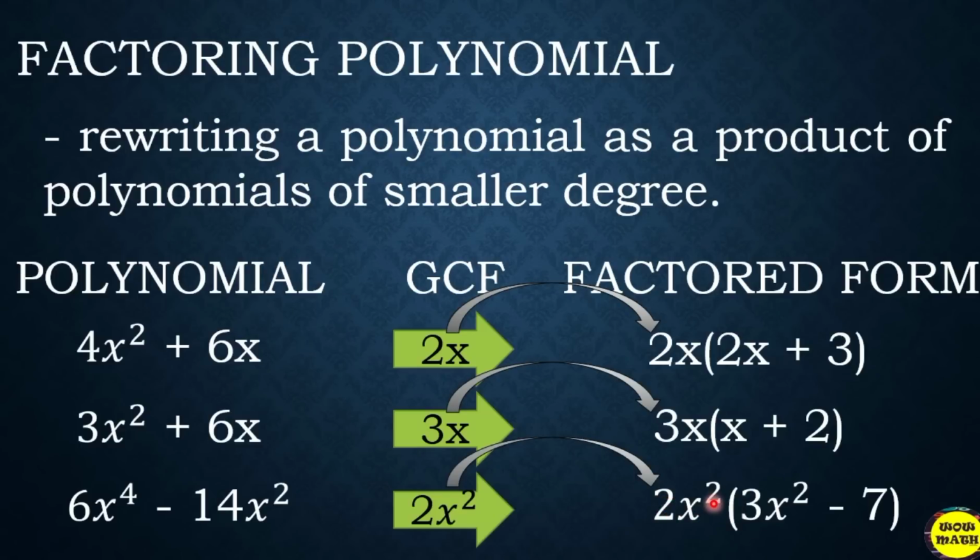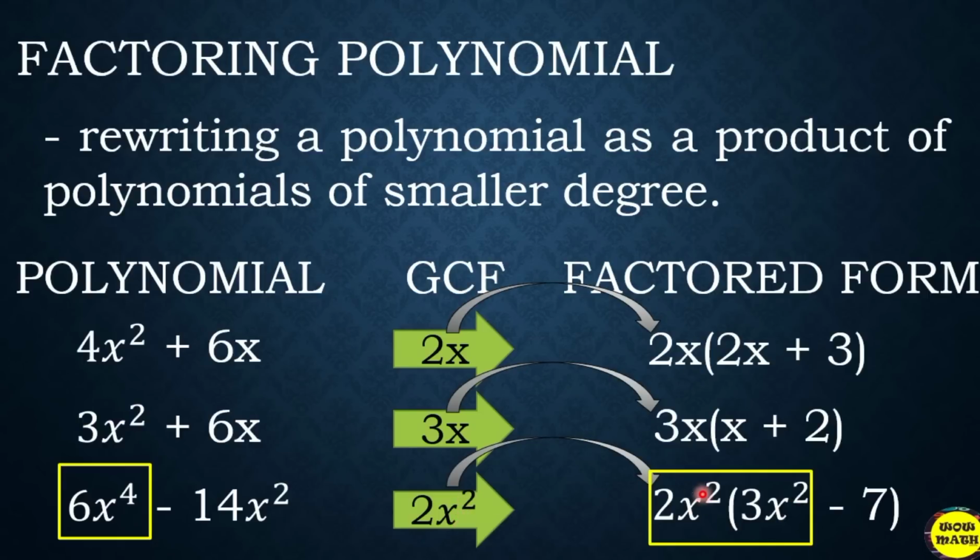So, 2x squared. And then, just like what we did here and here, para makuha natin ito, 2 times 3, that is 6. Okay? Or pwede rin namang 6, divide 2, para makuha mo yan, 3. And then, x raised to 4, if you can still recall the laws of exponent, x raised to 4, divide x raised to 2, that is x squared.